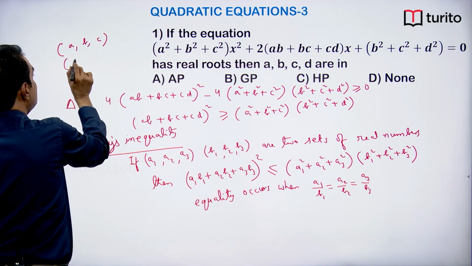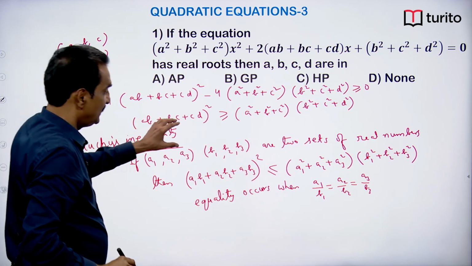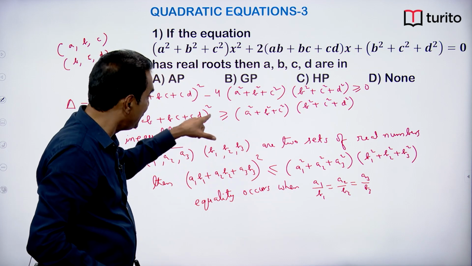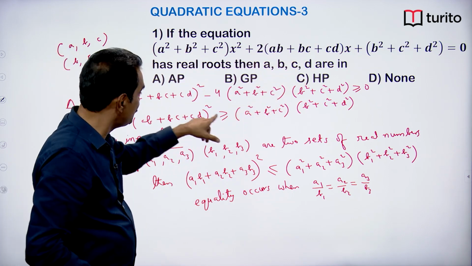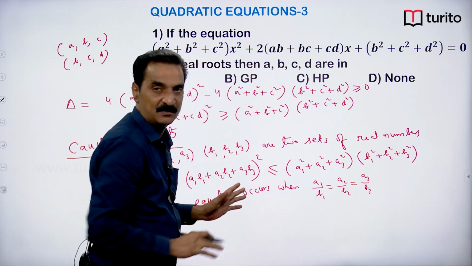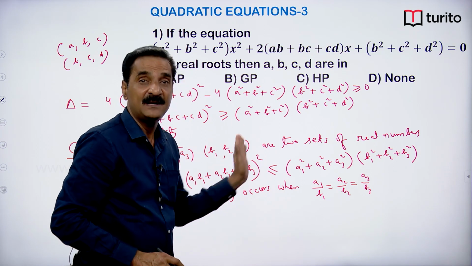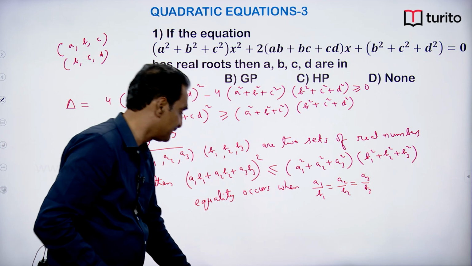According to this, it should be less than or equal to, but in the question, since the roots are real, it is greater than or equal to. But greater than is never possible. This can never be greater than that. So the only possibility is equality.